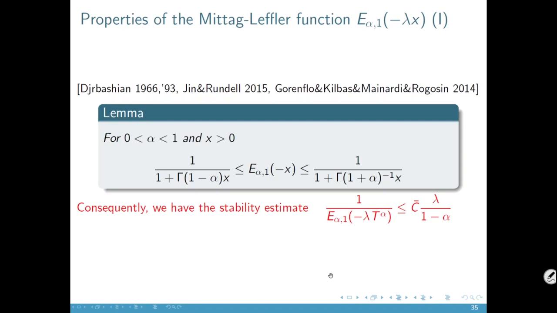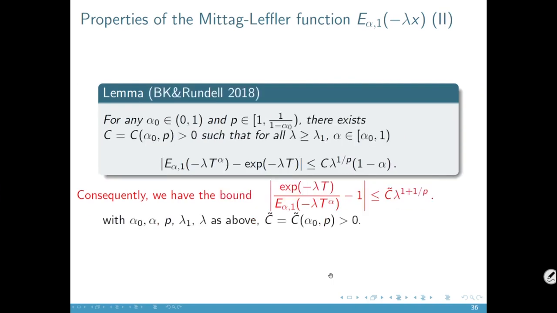So that factor lambda is something which we have to take into account further on. What we see is, as long as alpha is smaller than 1, we have boundedness here. As alpha approaches 1, this bound gets lost. Clearly, it has to be because we are approaching an ill-posed problem.